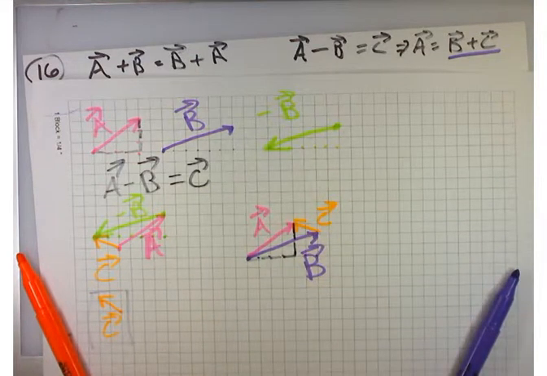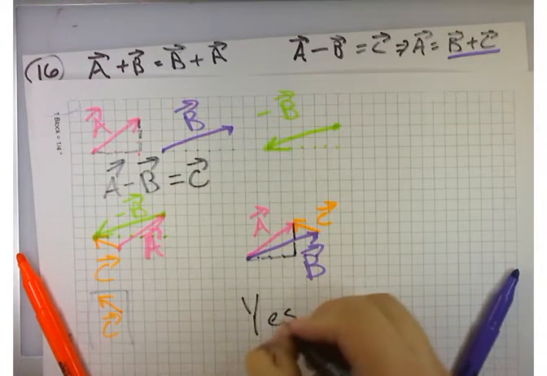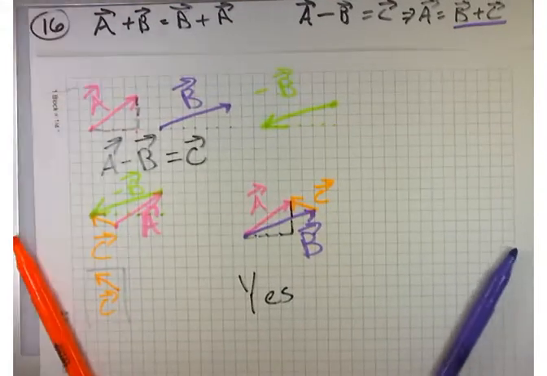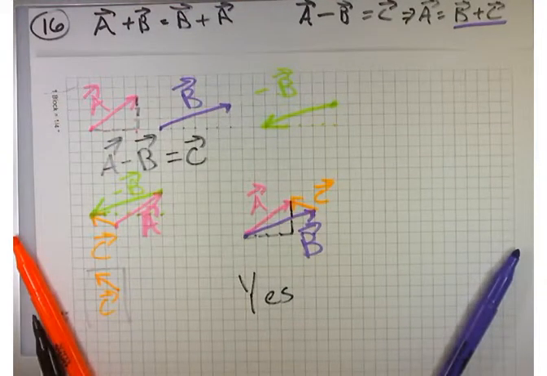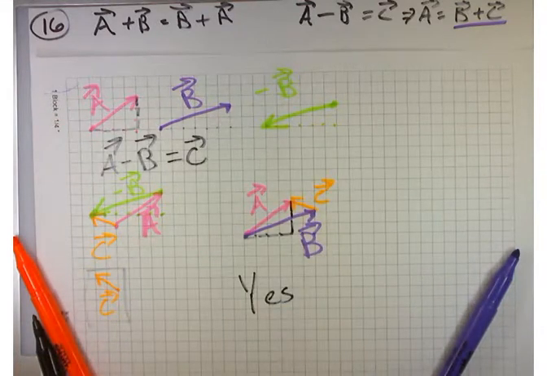Is it true? Yes. Do you see what I did there? Vector addition. So when we do vector addition and vector subtraction, really it's all the same. It's all addition when you think about it, right? It's just that I'm adding the negative or opposite vector.